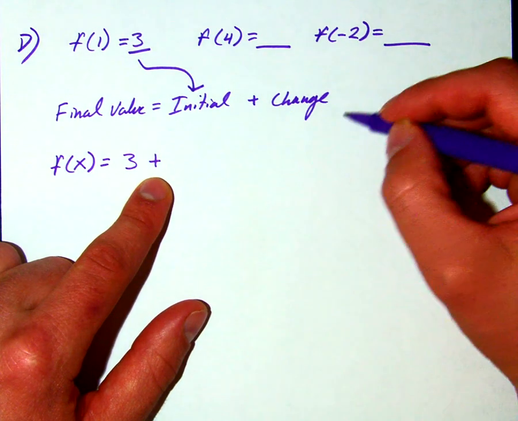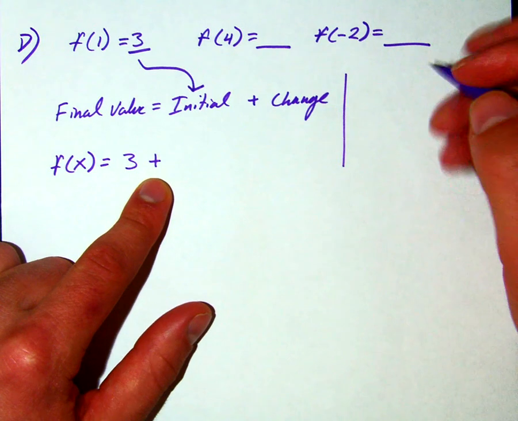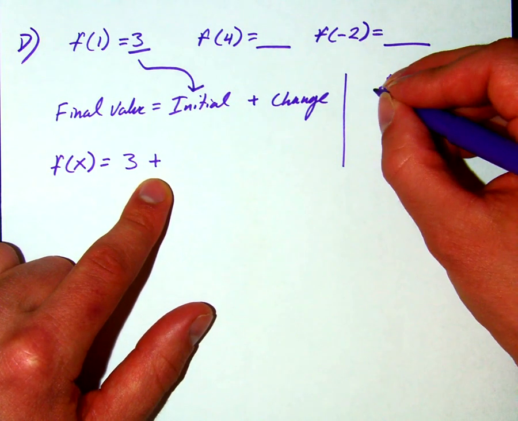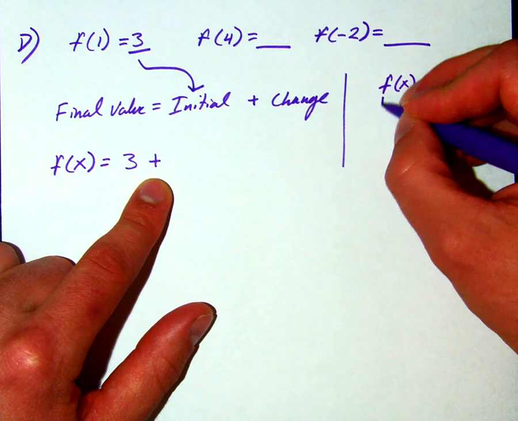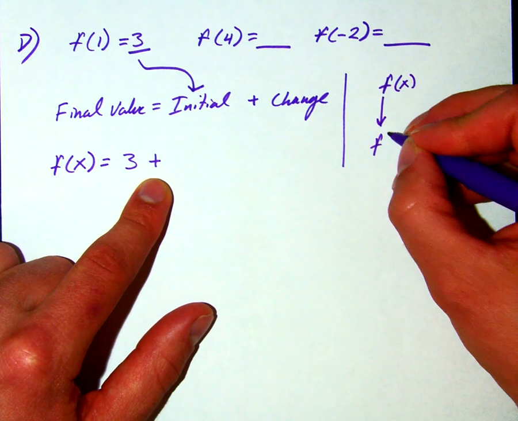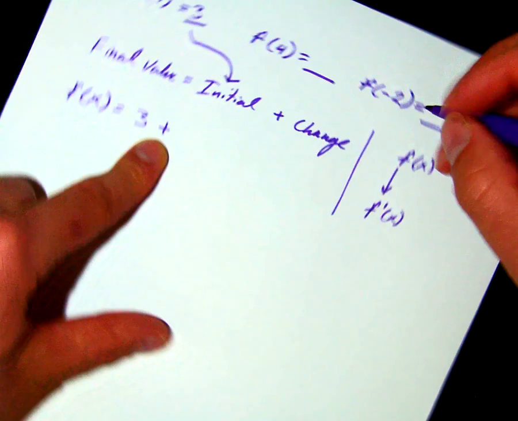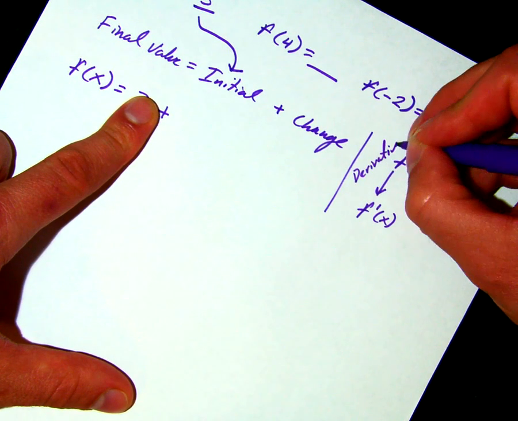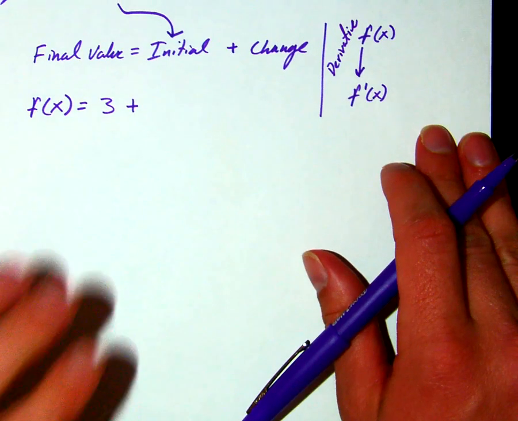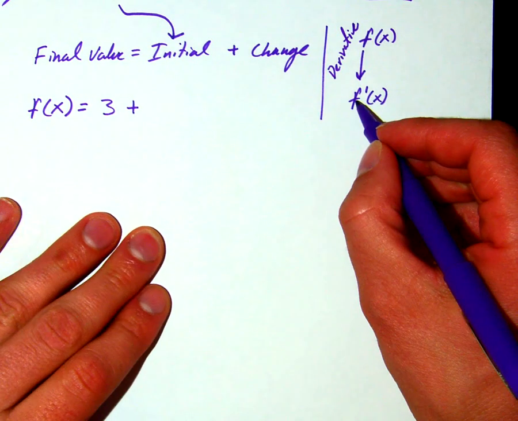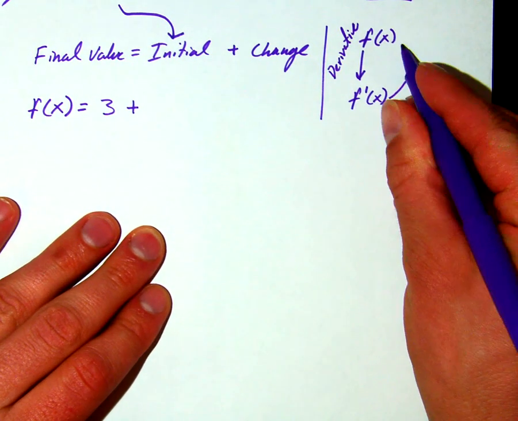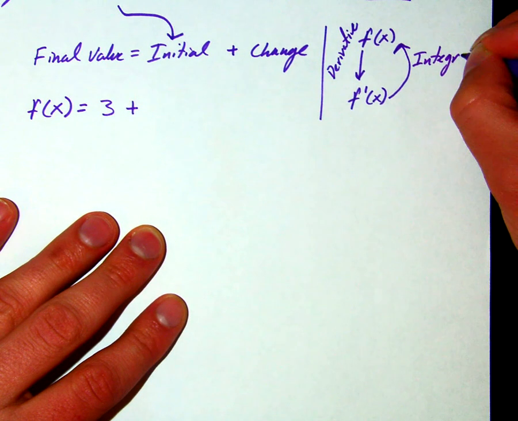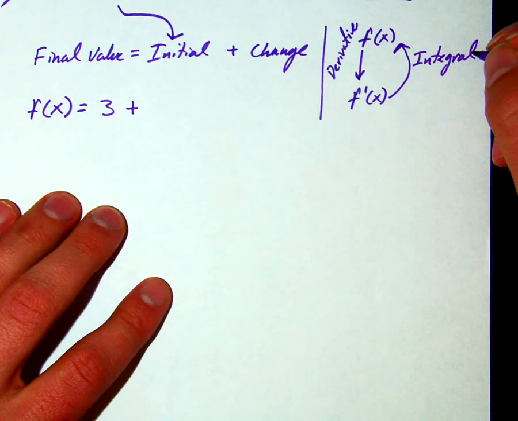A couple of things you need to know about some calculus. I'm sure you guys remember, hey, to get from f to f prime, you can use a derivative. That means to get from f prime back to f, you can use an integral or antiderivative.